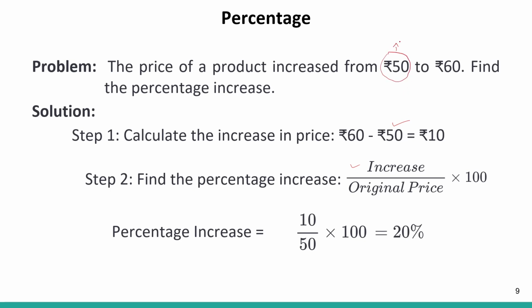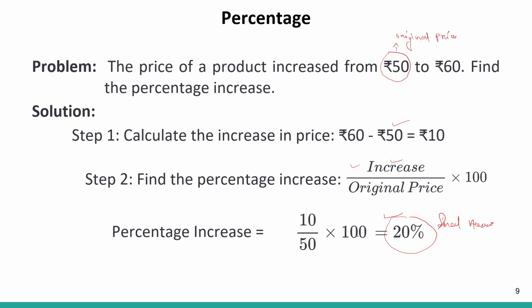So 60 minus 50 is equal to 10. The increase is 10 by original price, that is 50. So 10 by 50 is equal to 1 by 5, into 100 is equal to 20%. So 20% will be the final answer.